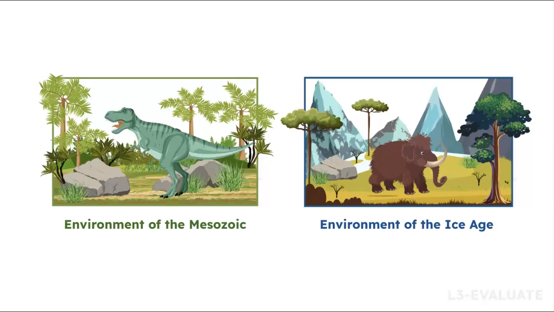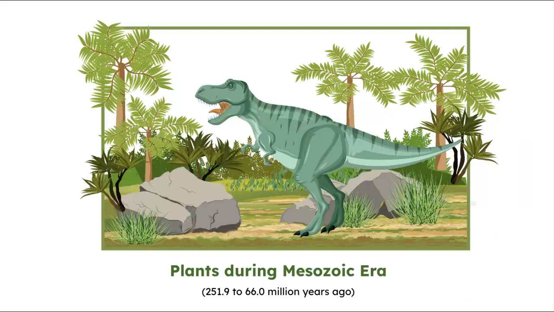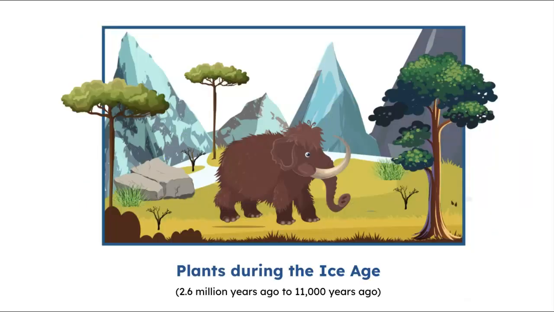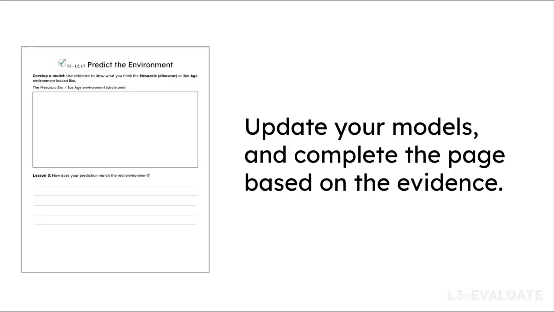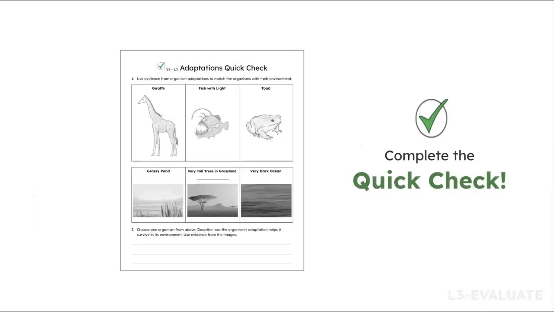Then, you'll show students the environment of the Mesozoic and the environment of the Ice Age. You'll support students in the self-assessment with questions and give time for students to update their models and complete the page based on the evidence. You'll then have students complete the Adaptations Quick Check journal page.